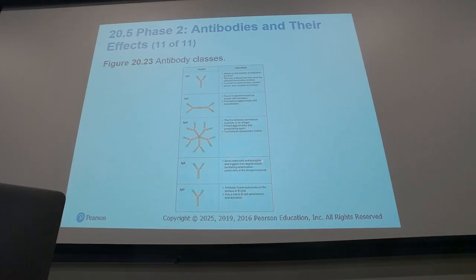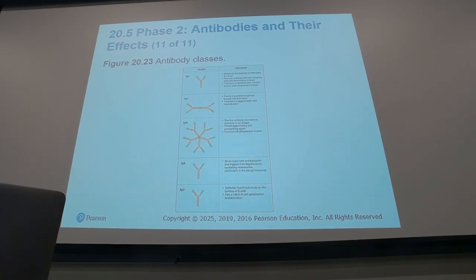Now, the function of IgE: when it's bound to cells like mast cells, it can bind antigens. Let's say that this is a mastocyte or an eosinophil.